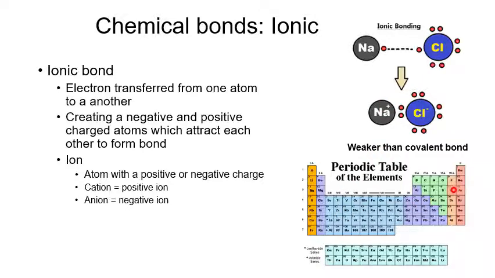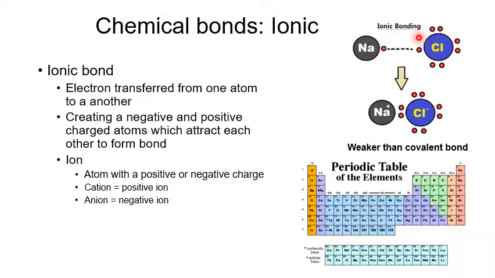And chloride, when it steals an electron, becomes a negative ion and is an anion. It will have that chloride with the negative superscript there. So these form negative ions.